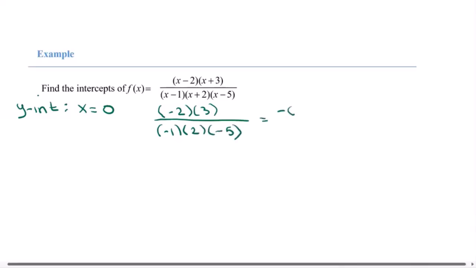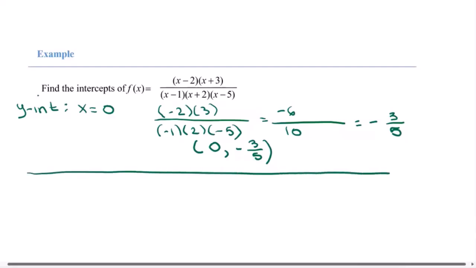This becomes -6 divided by -1 times 2 is -2. -2 times -5 is +10. So here we have negative, simplified would be 3/5. So I have a y-intercept at -3/5, and I can say my ordered pair is x equals 0, y equals -3/5.